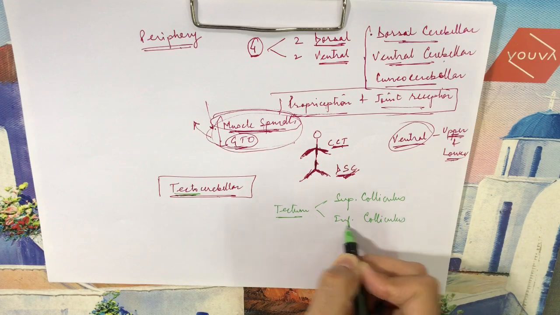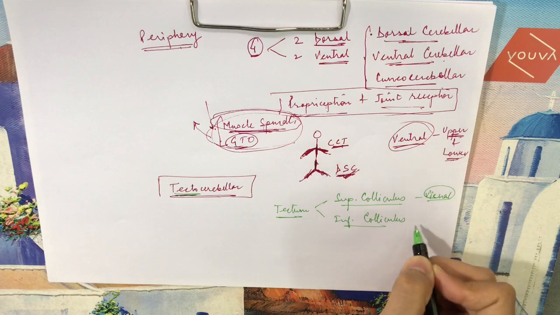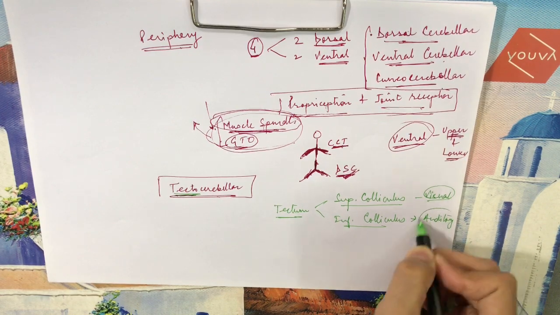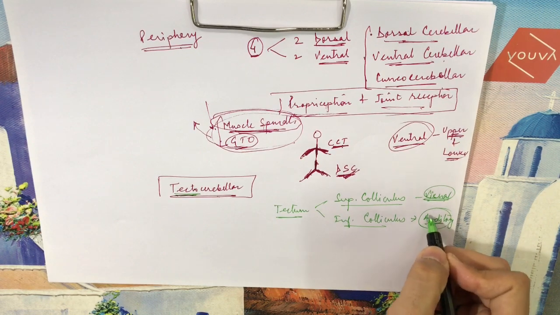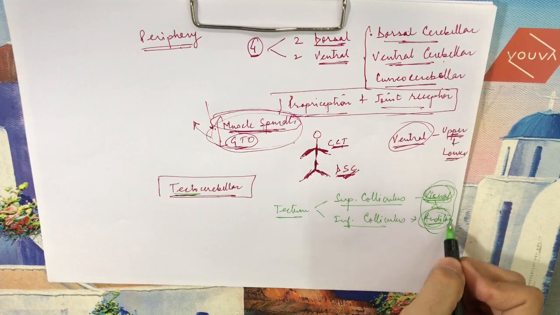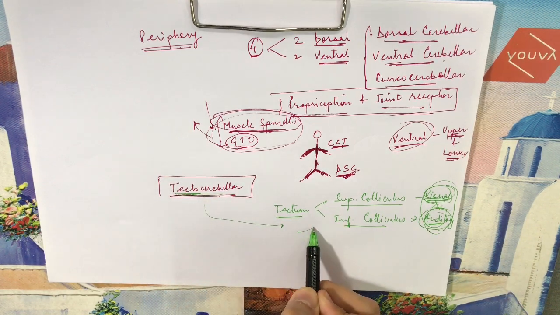The superior colliculus is concerned with the visual pathway, vision, and the inferior is concerned with the auditory. So, visual and auditory sensation are carried via the tectocerebellar tract to the cerebellum.